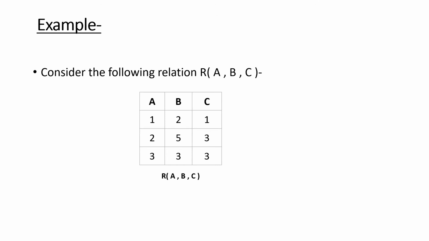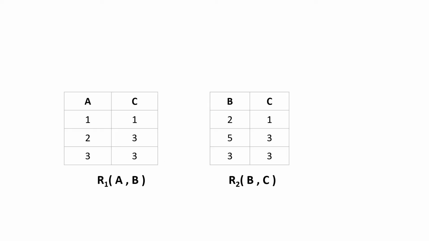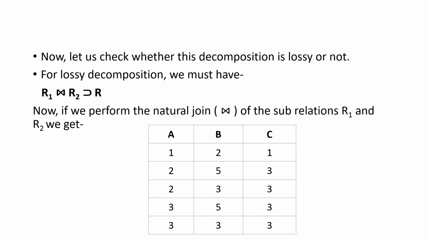Here we have the example as before, R with the attributes A, B and C. Consider this relation being decomposed into two sub-relations, R1 with A, C and R2 with B, C. So this relation is broken into two parts, R1 and R2.